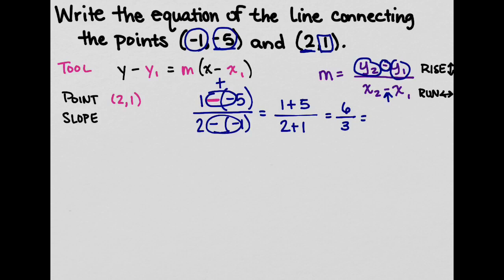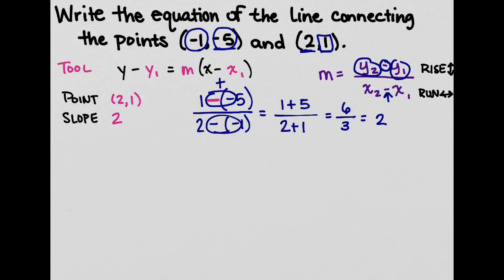That's totally fine, but since people tend not to like fractions very much, it can be nice to write this as a whole number, or at least reduce the fraction if possible. Since 6 divided by 3 is 2, I may as well write it as 2 because that's a whole lot easier to work with.